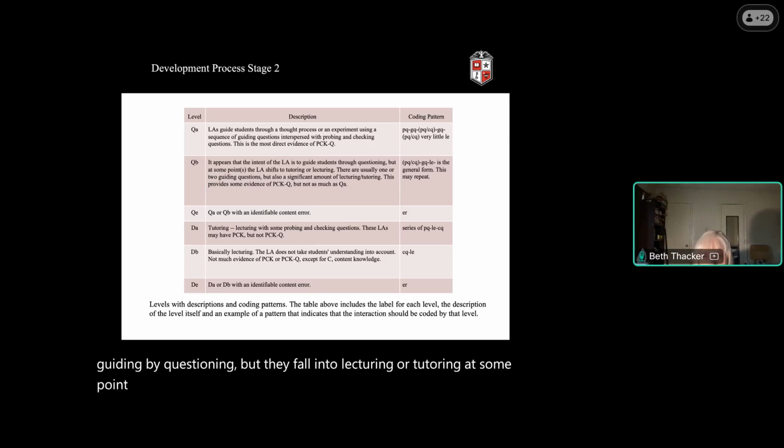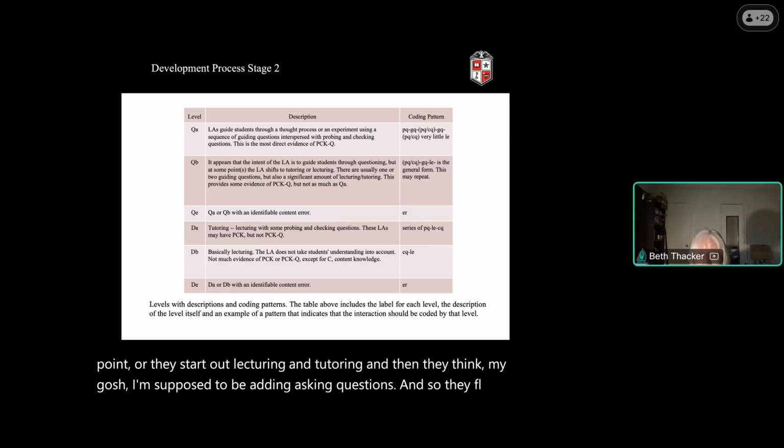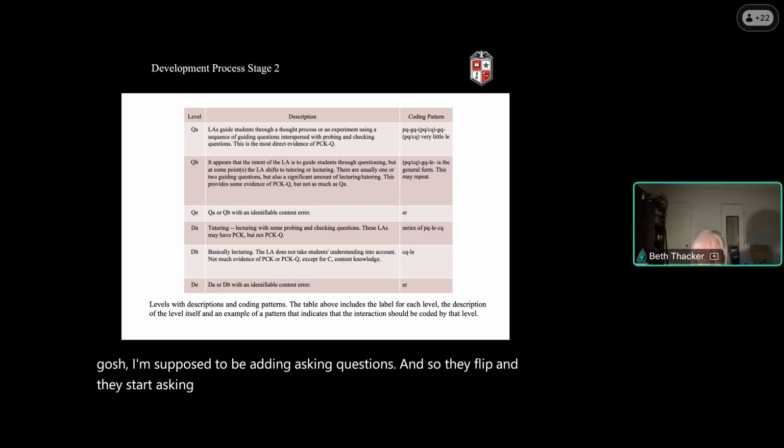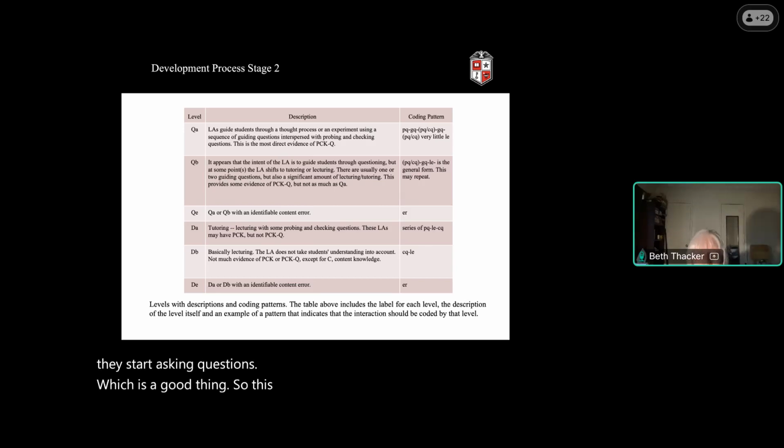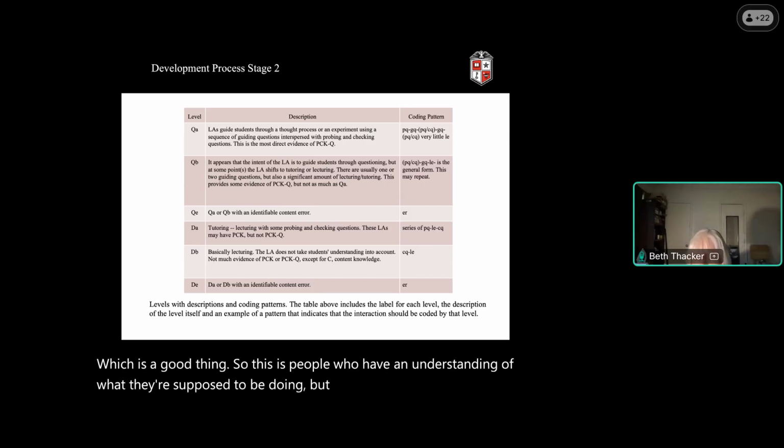Or they start out lecturing and tutoring, and then they think, oh my gosh, I'm supposed to be asking questions. And so they flip and they start asking questions, which is a good thing. So this is people who have an understanding of what they're supposed to be doing, but it doesn't actually work out that way all the time in the classroom.